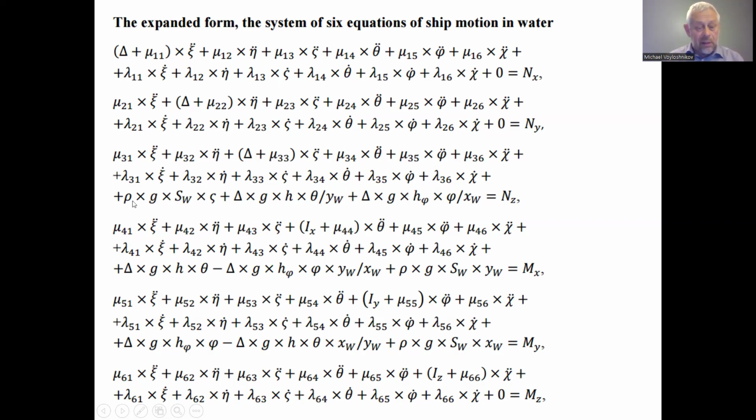What is the difference? The difference is that the third row has a restoring force. For example, here, this is the restoring force for the vertical ship rocking. It consists of the force arising in the vertical direction. For example, the first one is dependent not on the derivative, but on the element of the ship motion on the definite axis itself.